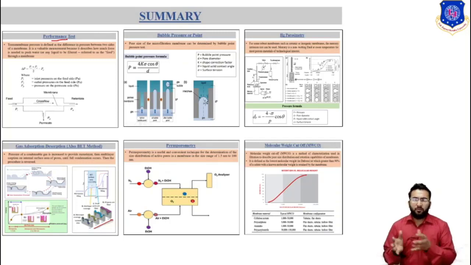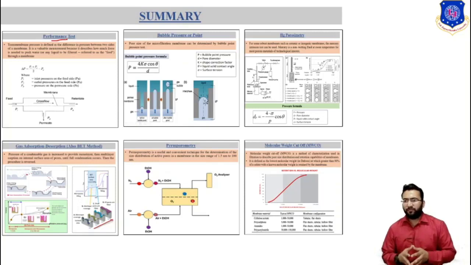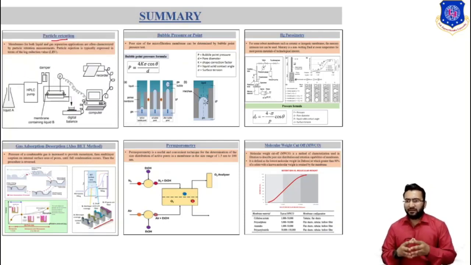Then we talked about mercury porosimetry to find out the pore volume, and also gas adsorption-desorption, also known as the BET method, which is used to find out the porosity and pore volume, and also the porosity of the catalyst. Then we discussed porometry, where we can find out the pore volume using an O2 analyzer or any gas analyzer for gas passing through the membrane. Then we discussed the molecular weight cutoff, and finally the particle retention.